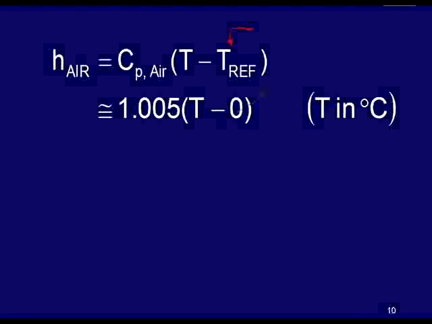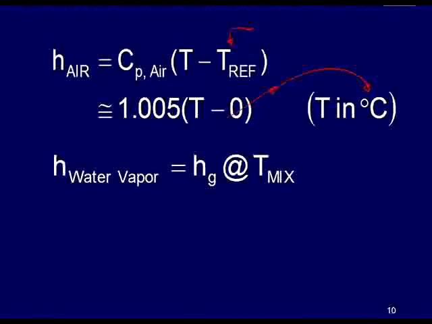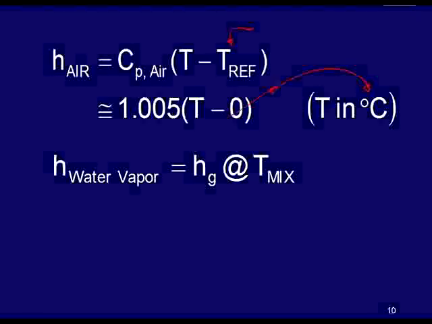Often the psychrometric charts that you'll find have a reference temperature of 0 degrees C, and so if it's in metric units, then just 1.005 times the temperature minus 0 would give you the enthalpy. Now that's just the air part of it. That's just the dry air.